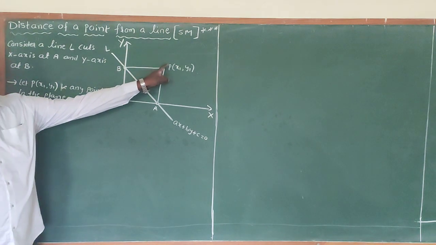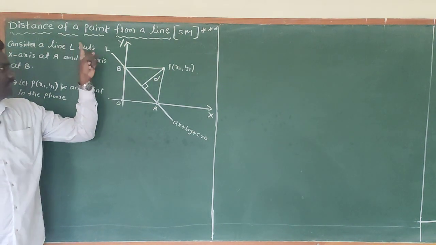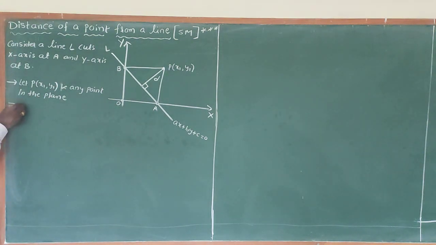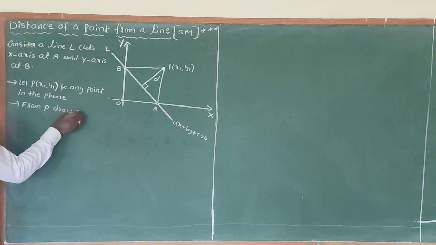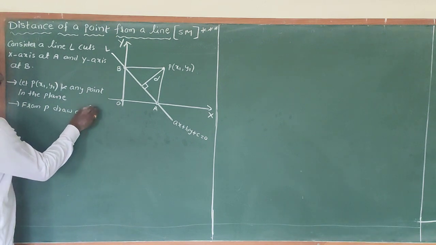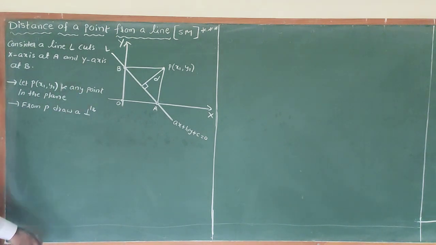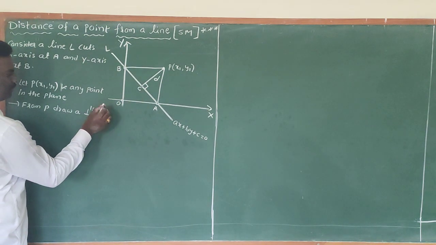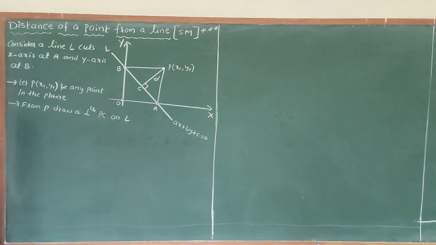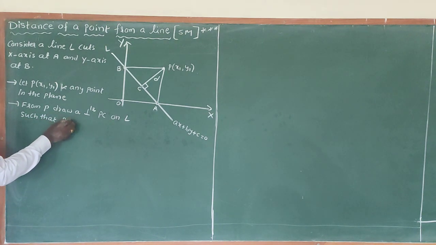Okay. From P, draw a perpendicular, I am calling it PC, on L, such that this PC length is small d.